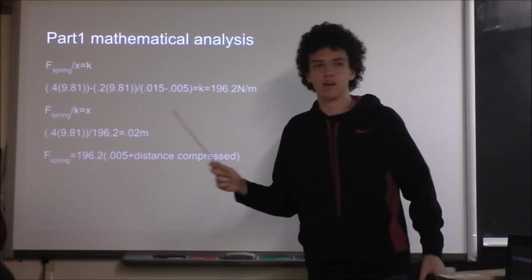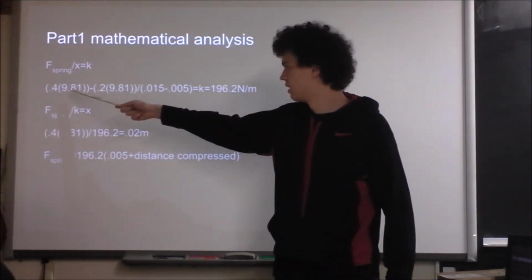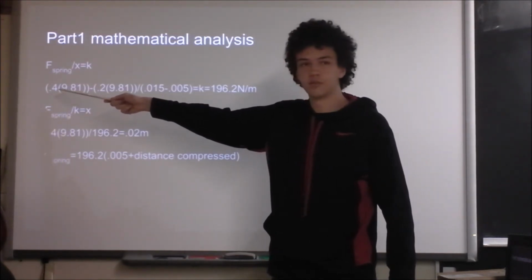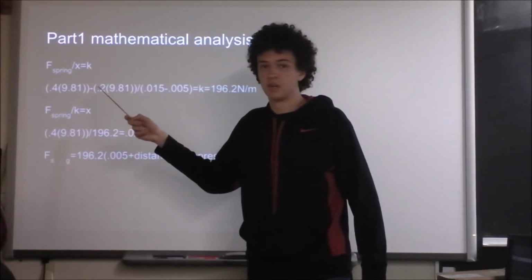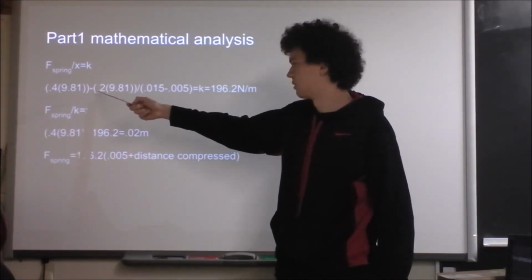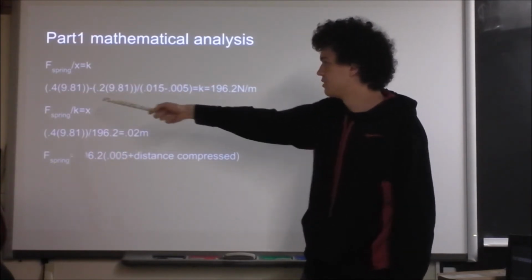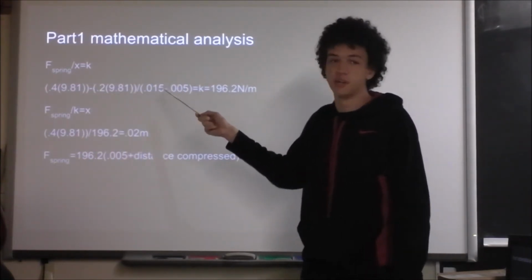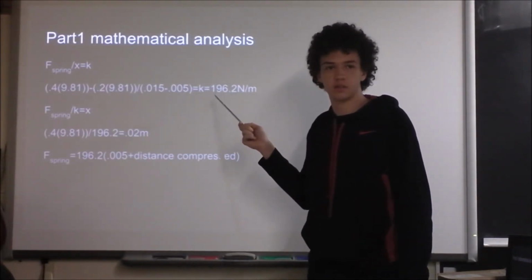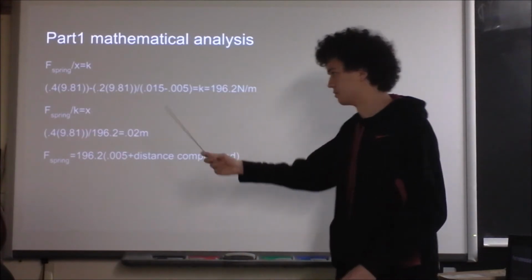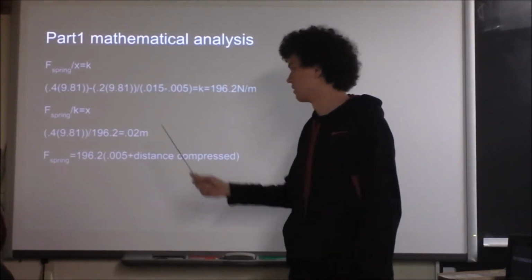But then I thought, so what I did was I had the force applied by the 400-gram mass minus the force applied by the 200 grams is equal to... well, so I did the change in force divided by the change of the amount it moved, which is equal to the spring constant, because it's moving 1 centimeter, so x would be 1 centimeter.